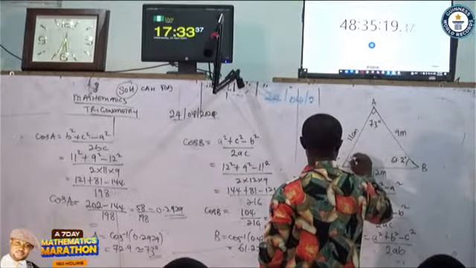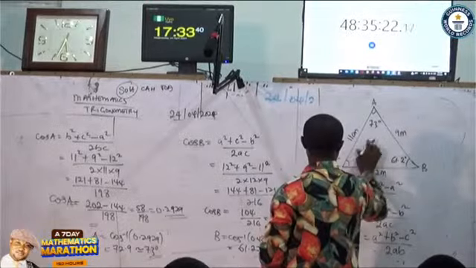Now I can call this maybe X degrees, or I can just call it big C.